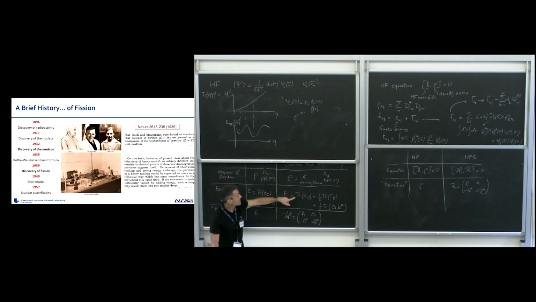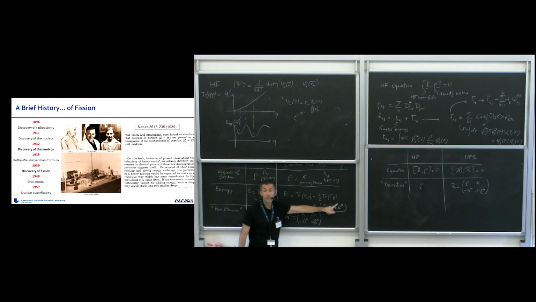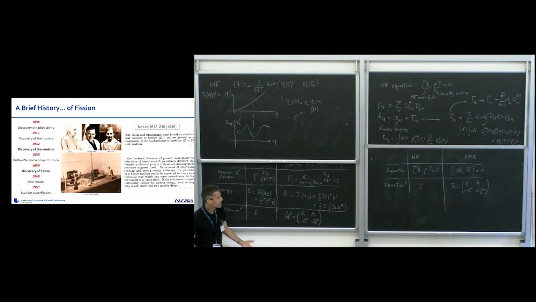The energy has to be modified. There is an additional term which is, in fact, the pairing energy. The equations that you have to solve depend on some mean field Hamiltonian, which now is a matrix that is twice bigger than in Hartree-Fock because it has additional terms. This delta is called the pairing field. This is the mean field. This is the pairing field.